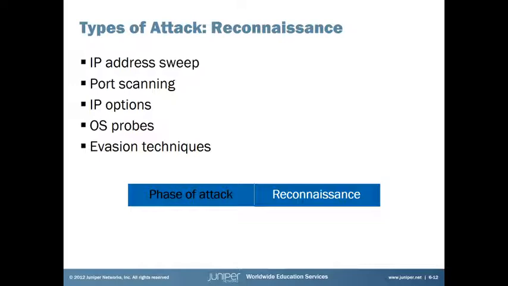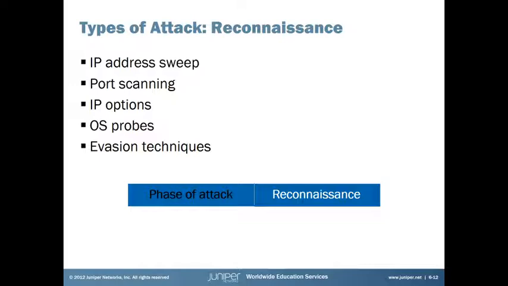Operating system probes. An operating system probe is when you send a packet into the network that has a particular configuration, usually a misconfiguration, usually a malformed packet, and then different operating systems respond in different ways to those packets. So if I've got a Linux operating system and I send a malformed packet in, it'll respond in one way.